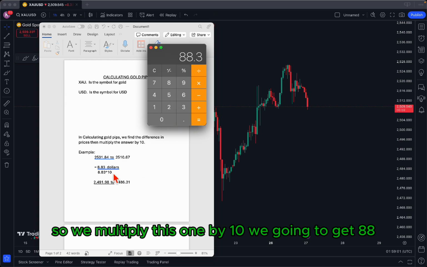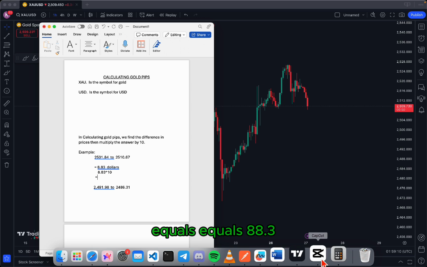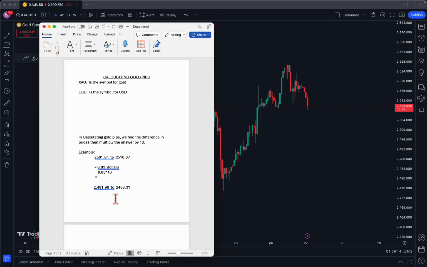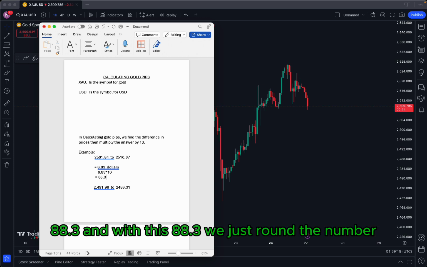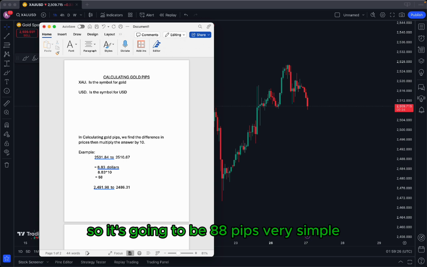We are going to get 88.3. And with this 88.3, just round the number. By rounding it, you're going to get 88. So it is going to be 88 pips.